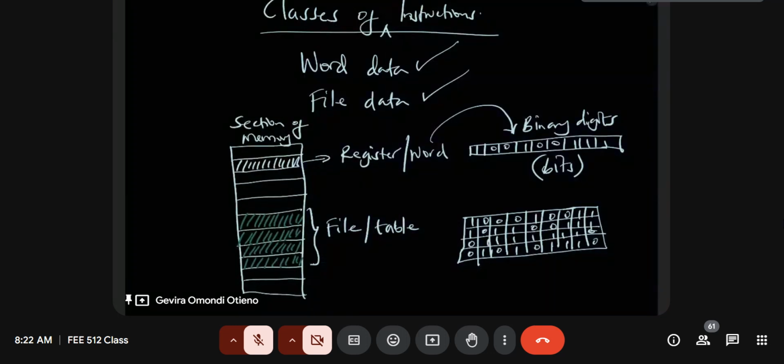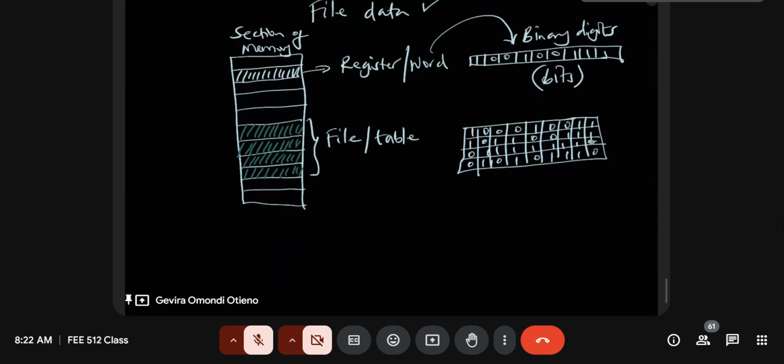Now, the other thing that I need to mention, just to avoid confusion at this point, is that we have said that a file or a table is a group of registers, but they have to be consecutive.